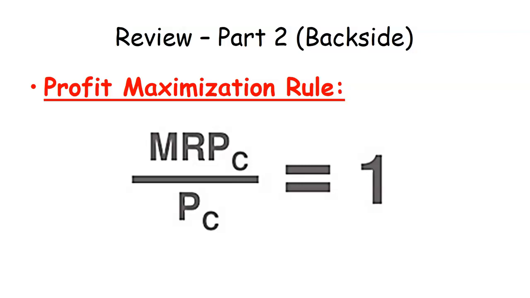So MRP of capital, for example, over the price of capital, we want those to be equal to one another, therefore they should be equal to 1. So MRP sub C over P sub C should be equal. All right, so if it's 5 over 5, that's going to give us 1. So for the profit maximization rule, we want to set the MRP over P equal to 1 for all the goods.